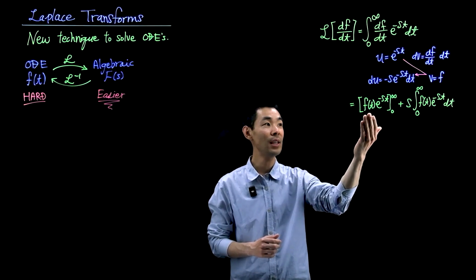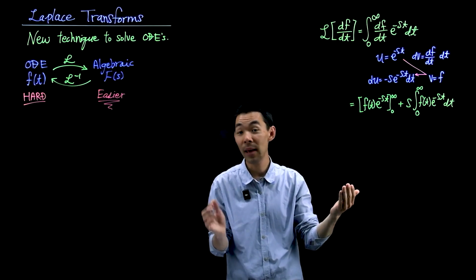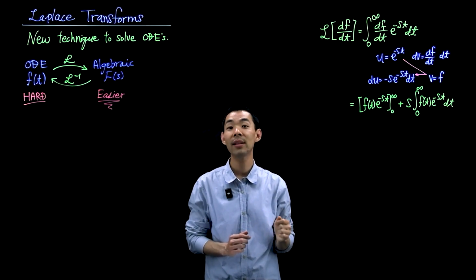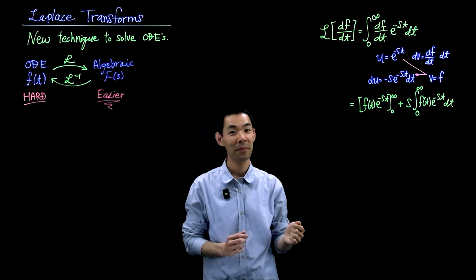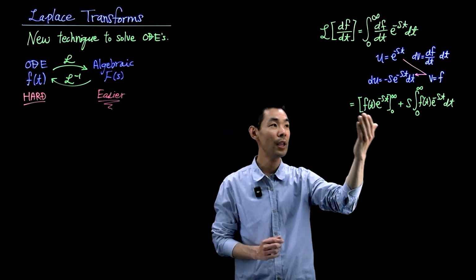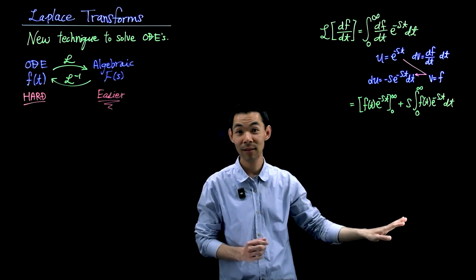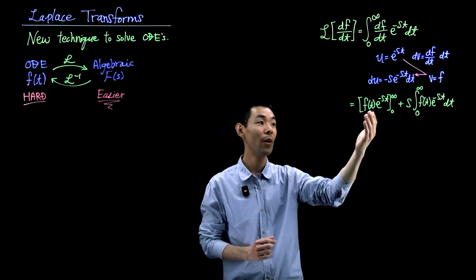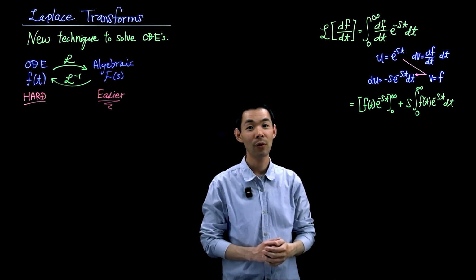So f of t may explode, but it has to explode less than e to the negative st. If that is true, the upper bound here will die, because e to the negative st will decay fast enough for little f of t to not be able to compete.